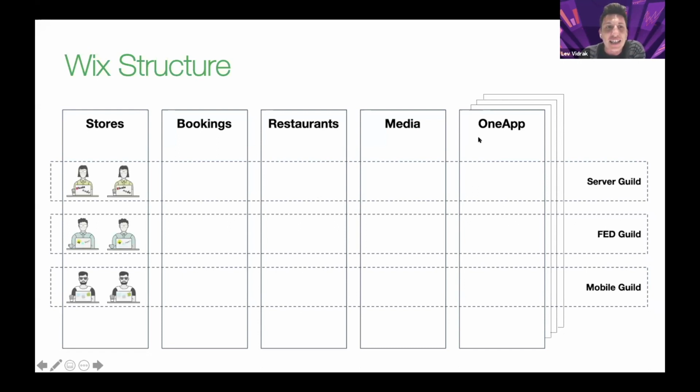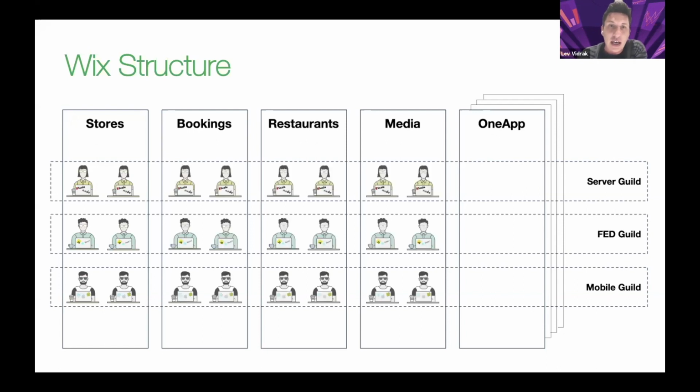Wix as a company is split into some kind of mini companies, and each mini company focuses on a specific set of features. For example, we have Wix Stores, and they develop features only for stores. And we have Wix Bookings, they develop features only for businesses that need to book something and have a calendar, for example a beauty salon, etc.